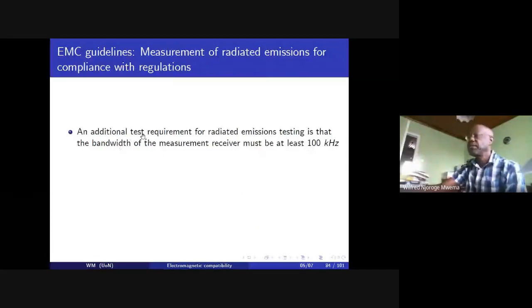In addition, an additional testing requirement for radiated emissions testing is that the bandwidth of the measurement receiver must be at least 100 kilohertz so that you can get nice resolution.